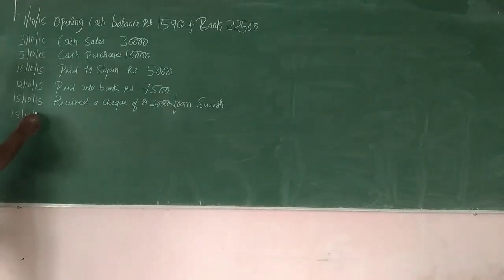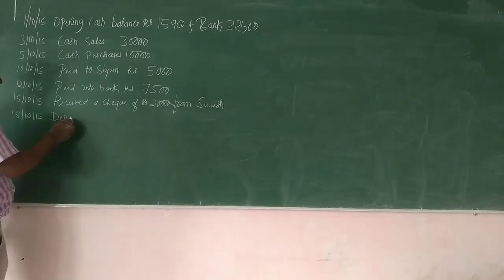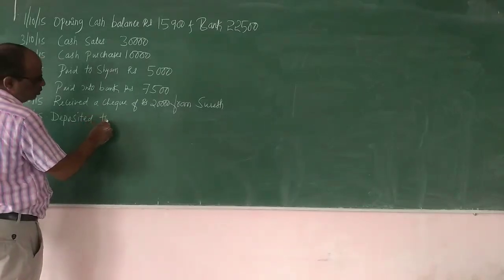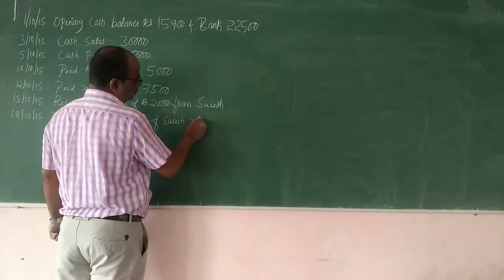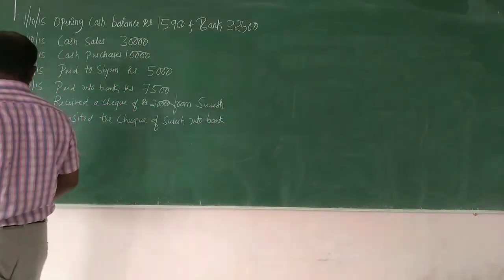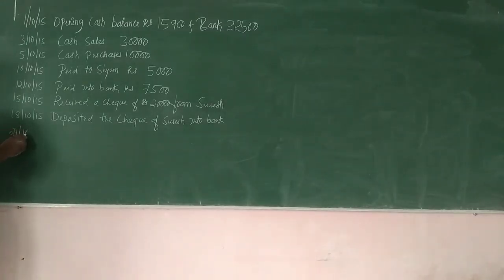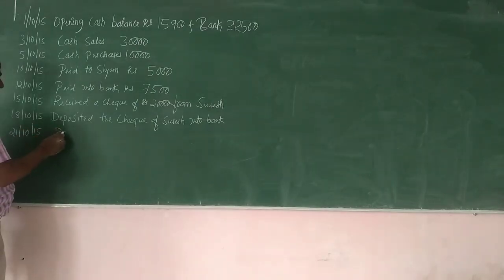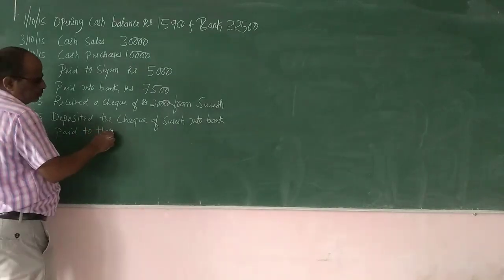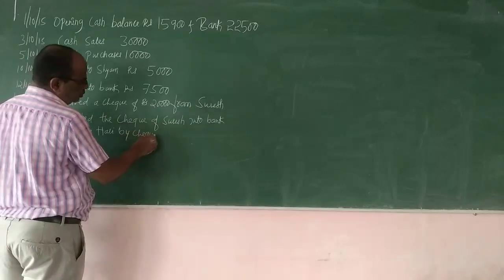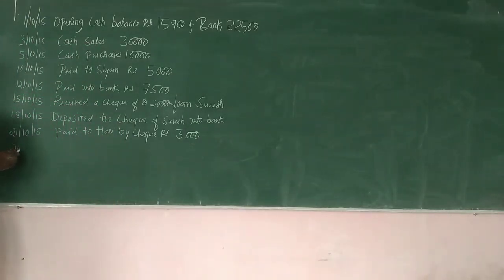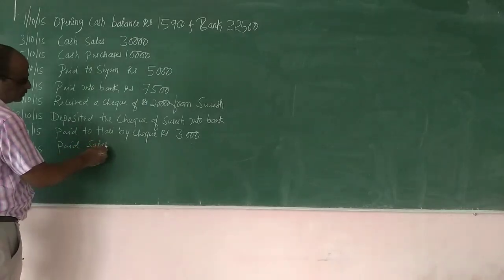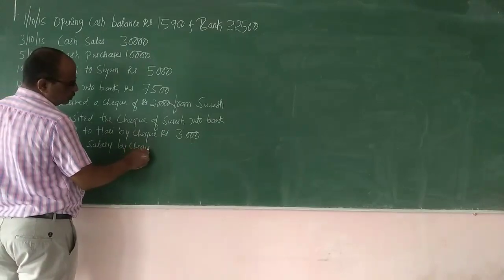Deposited the check of Suresh into bank. 21/10/2015, paid to Hari by check rupees 3,000. 24/10/2015, paid salary by check rupees 6,000.